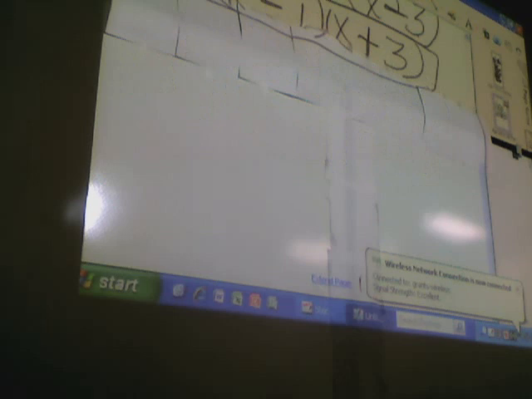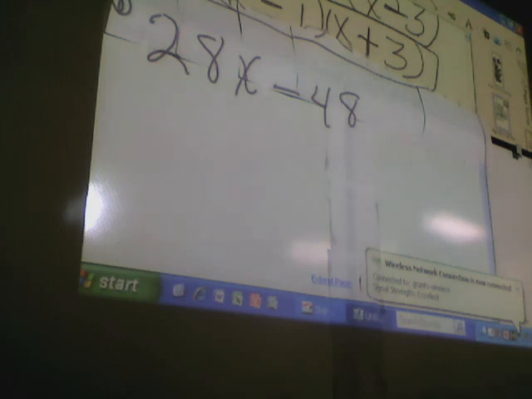Okay. The next one, this is number 8. 28x to the first power, it's just x, minus 48 plus 10x squared. What do we need to do first? Put them in descending order.